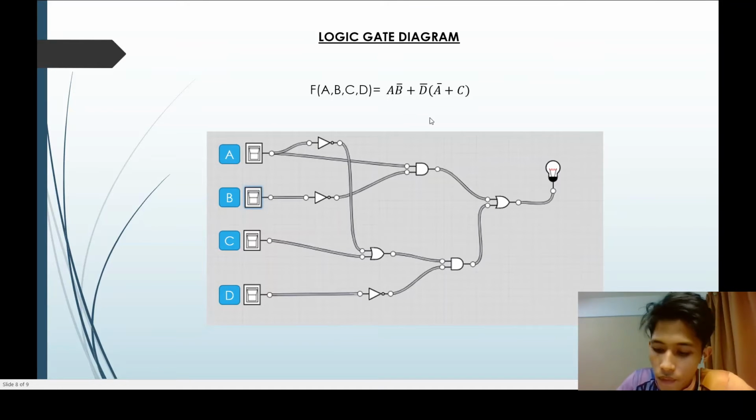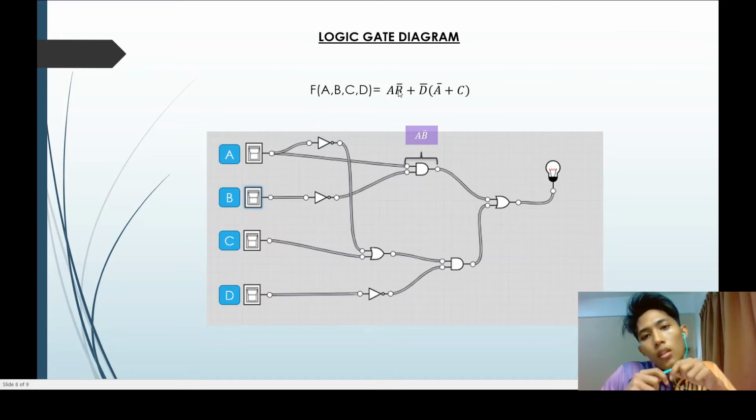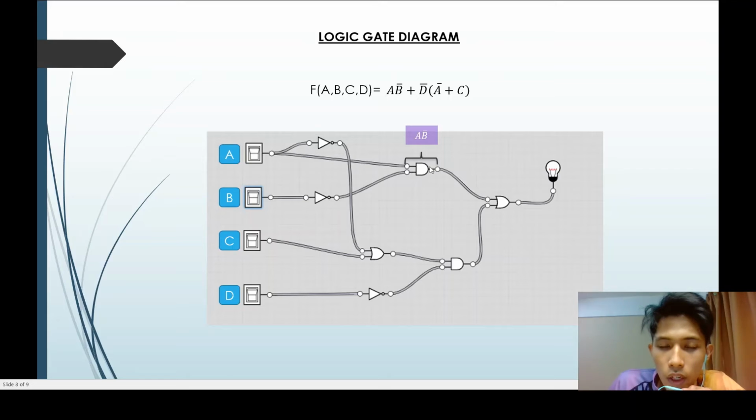So for the first one, we can see here is A B bar. So how do we want to draw it? First we need to know this one is times, right? A times B bar. So we need to put the times.